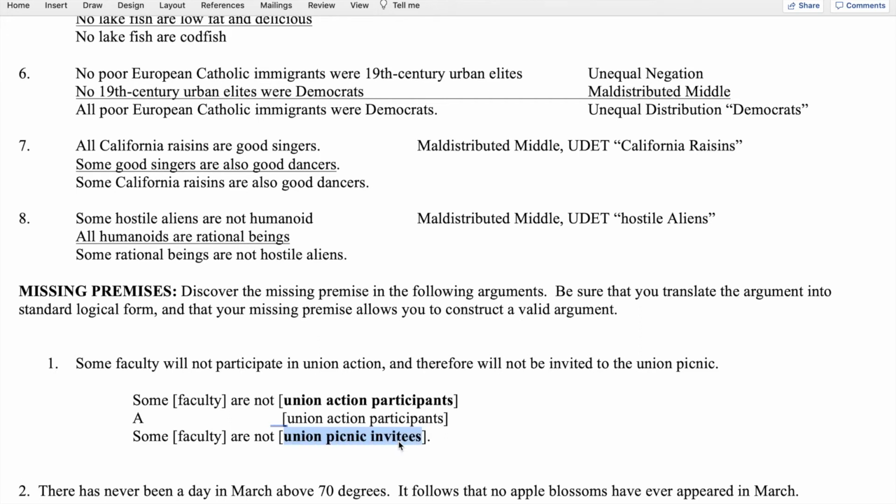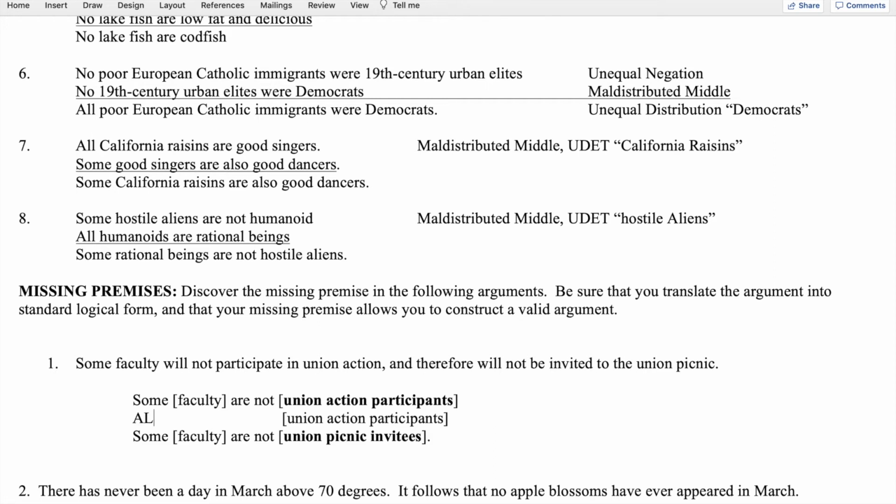So we'll bold that to show that it's distributed. But if it's distributed in the conclusion, it must also be distributed in the missing premise because it has to be equally distributed. And so I know this is an affirmative statement, and that tells me then that it must also be a universal affirmative, because with universal affirmatives, I can get a distributed subject term.